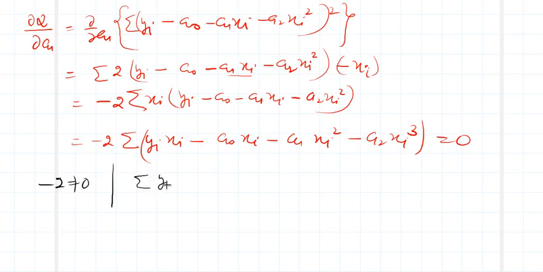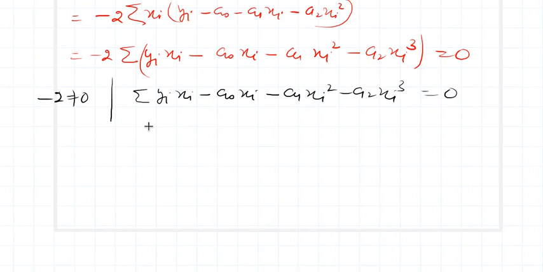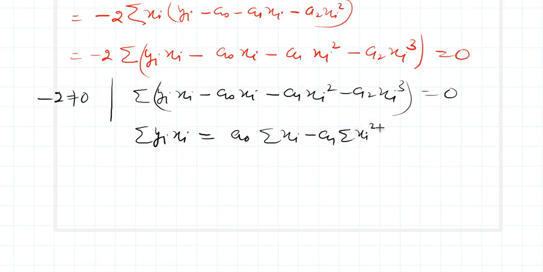Means summation yi xi minus a naught xi minus a1 xi square minus a2 xi cube is equal to 0. This means that summation yi xi must be equal to a naught summation xi plus a1 summation xi square plus a2 summation xi cube.